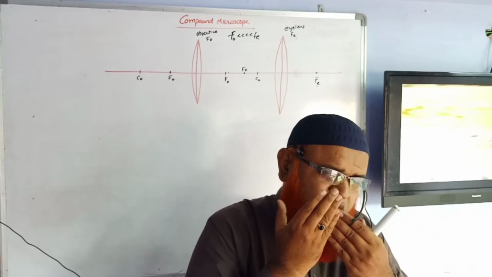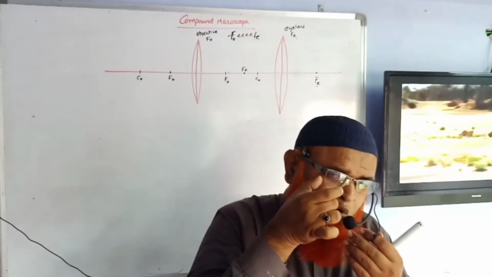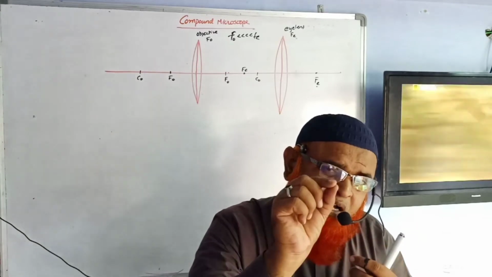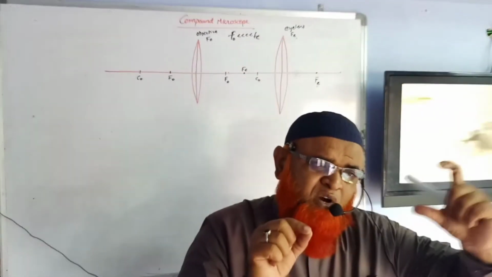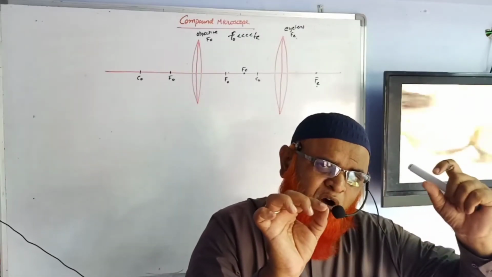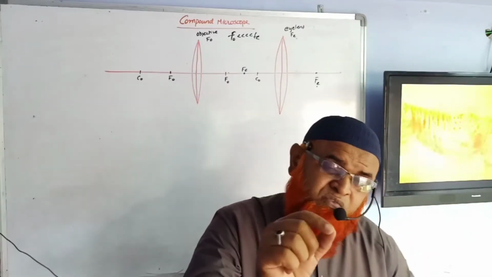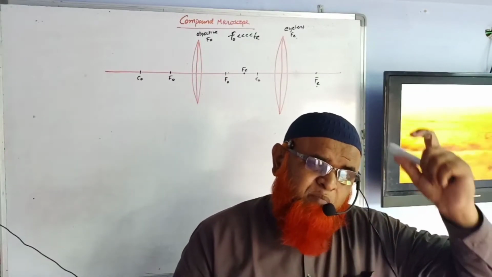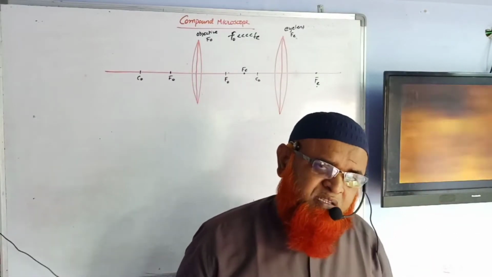When you are keeping the objects very close, then definitely its focal length should be very less. Understand? So microorganisms are small compared to your eyeball. As microorganisms are very small compared to your eyeball, you can remember like this: focal length of the objective is less, focal length of the eye lens will be more. Okay, so this is the concept here.